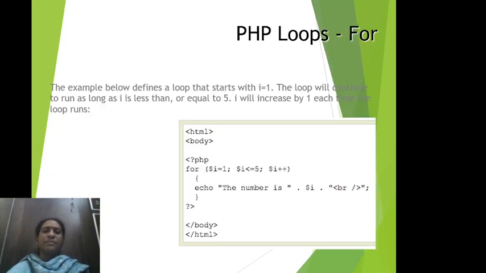For the for loop, i equal to 1 is only the initialization. Next, i less than 5 is the conditional check, and i plus plus is the increment statement. If this condition is true, the block will be executed, otherwise the loop ends. Okay, thank you all.